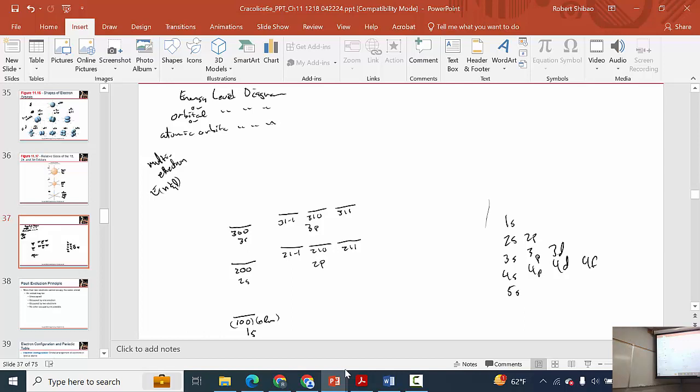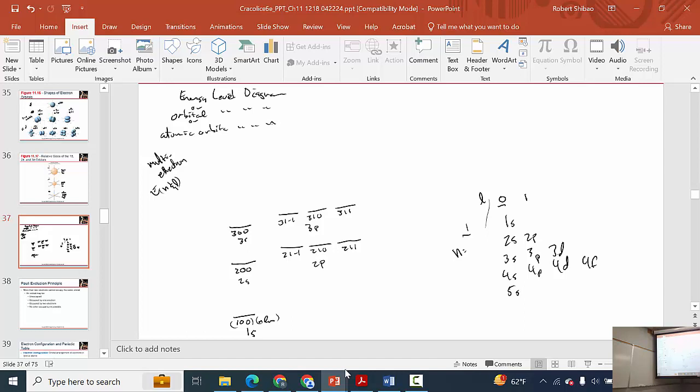The energy pyramid, we can see how n varies here. And so we have n equals 1. If n equals 1, what's my possible L values? My possible L values are 0. So if n equals 1, I can have L equals 0. But can I have L equals 1?